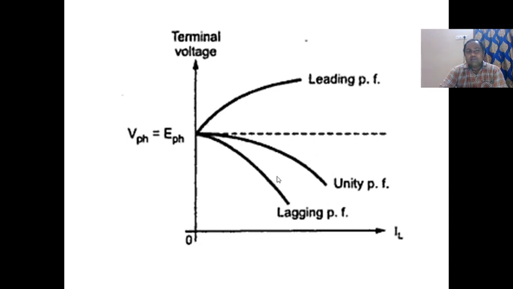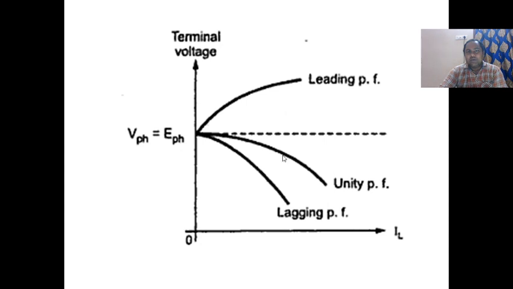If you draw the graph, if you increase the load current in a lagging or inductive load, the voltage will fall. That is a lagging power factor. If you increase the load current at unity power factor, a resistive load, the voltage falls, but that is above the lagging power factor.